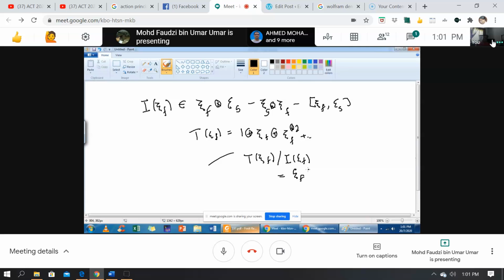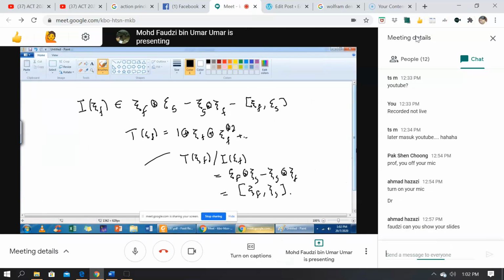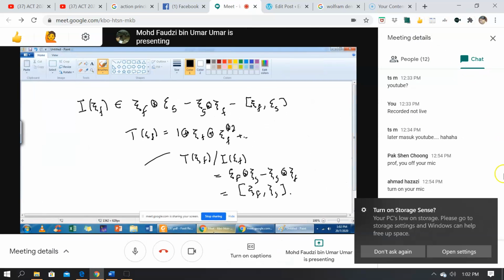Something like this. So it implies something like the algebra. So the ideal is the element of this, and then the tensor algebra is this one, and then the quotient, I mean the part of this tensor algebra, becomes like this.